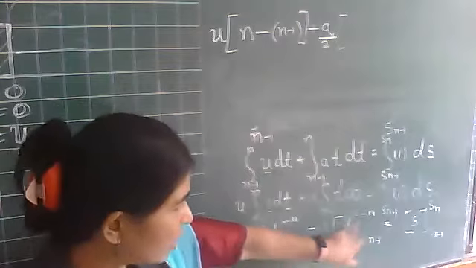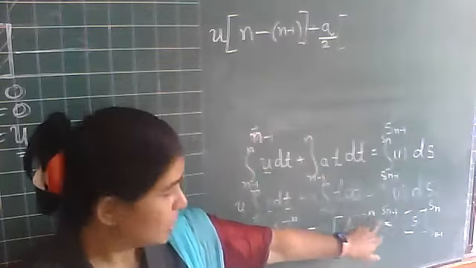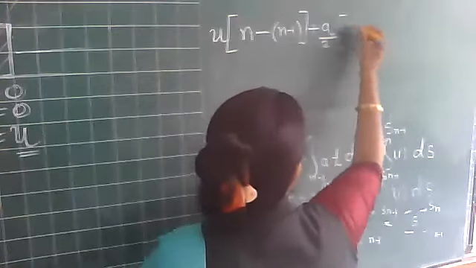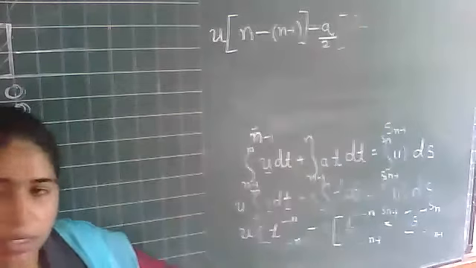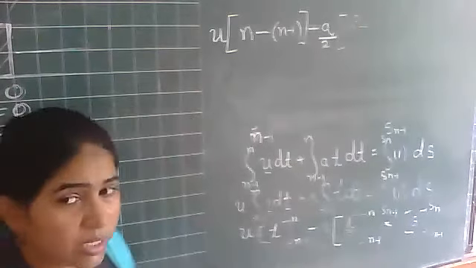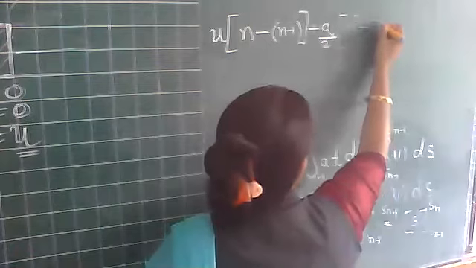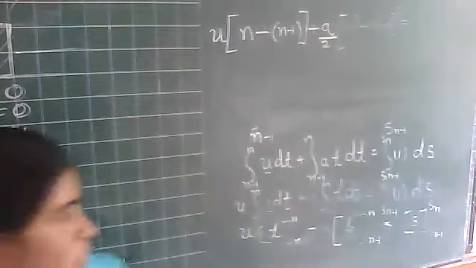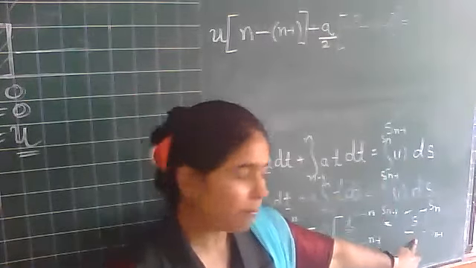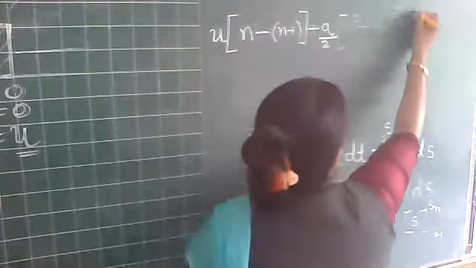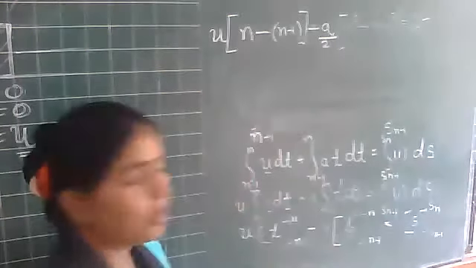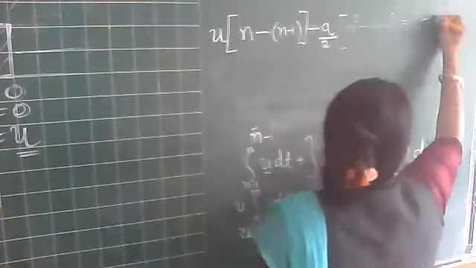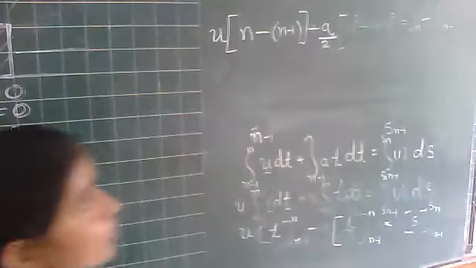So instead of t we put the upper limit n, so it becomes n square, minus the lower limit, so instead of t we put n minus 1 squared, equal to s. Instead of s we put the upper limit Sn, minus the lower limit Sn minus 1.